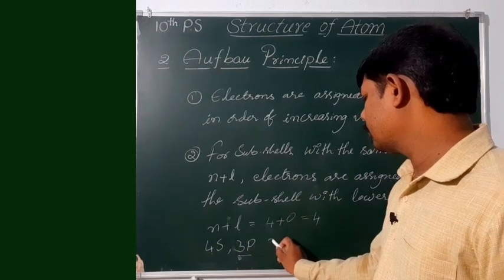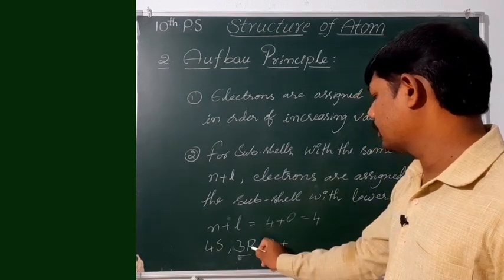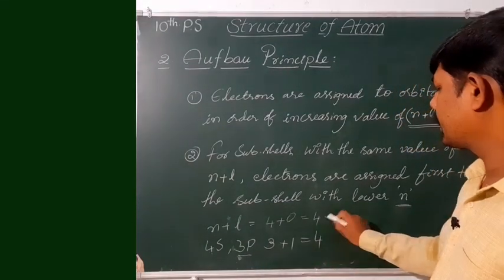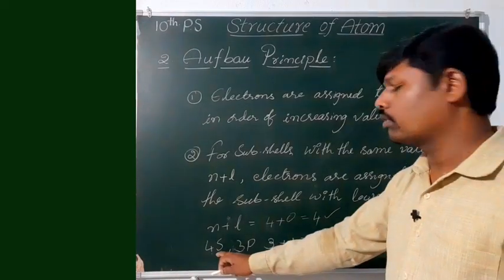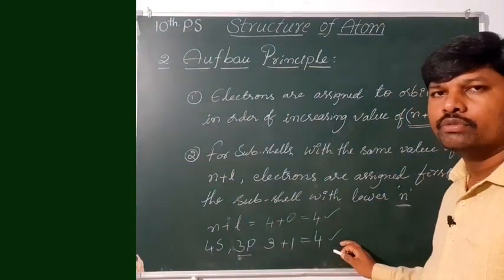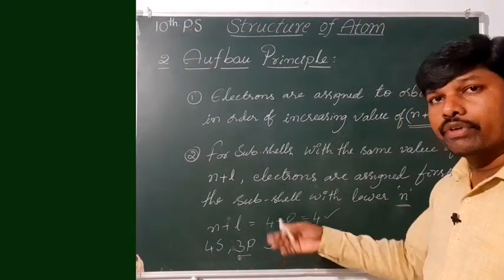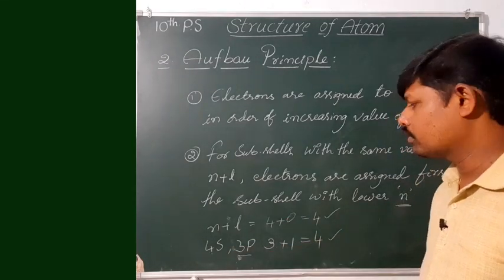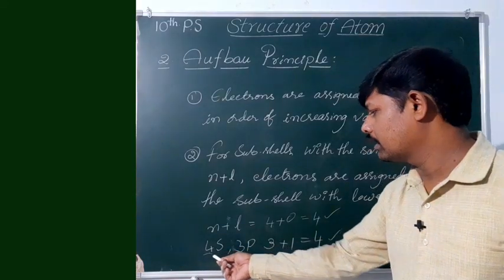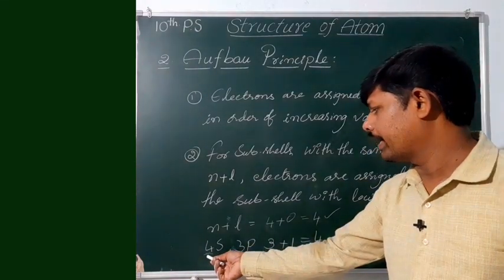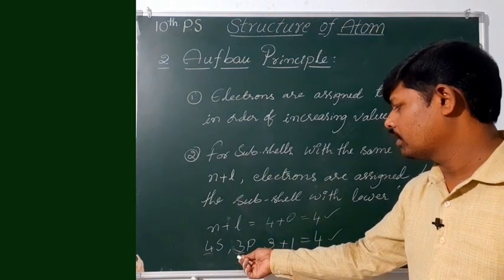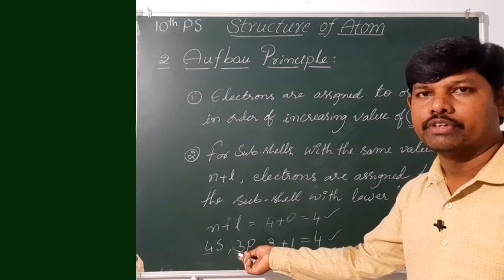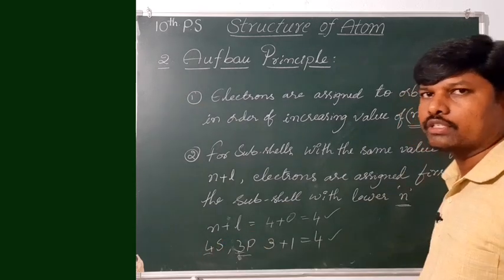Here n is 3 and L for p is 1, so 3 plus 1 is 4. So the n plus L value for 4s and 3p is the same, 4. Now in which orbital can electrons enter first? We can decide by observing the n value. Here n is 4 and here n is 3. 3p has the lower n value, so the electrons will occupy 3p first before filling the 4s orbital.